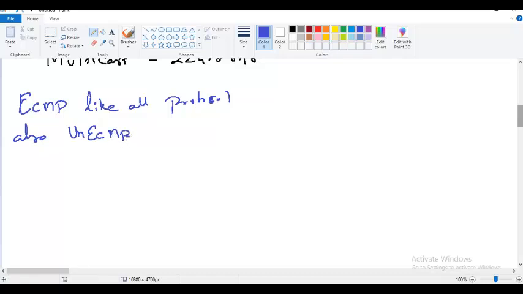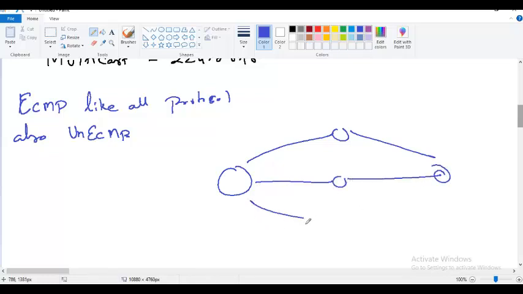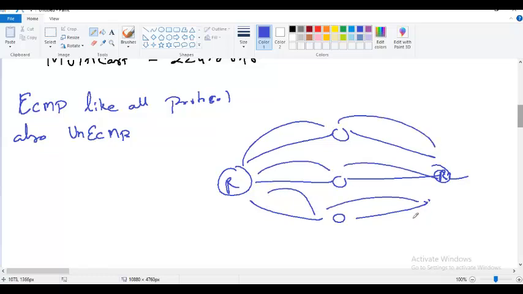But EIGRP can also do unequal cost multipathing, but not by default. By default, it is going to say, I will use the low cost path. For this, we need to configure variance. We'll talk about that when we come to CCNP. This is our CCNP syllabus, but I'm just telling you, the EIGRP protocol is advanced.